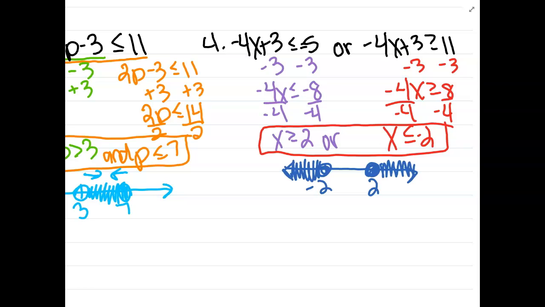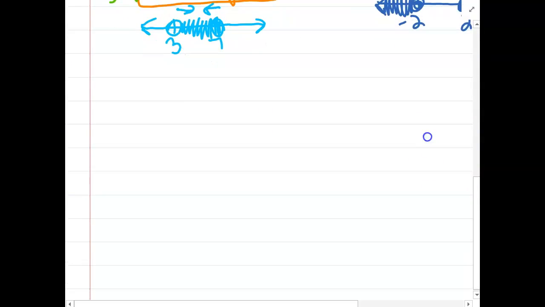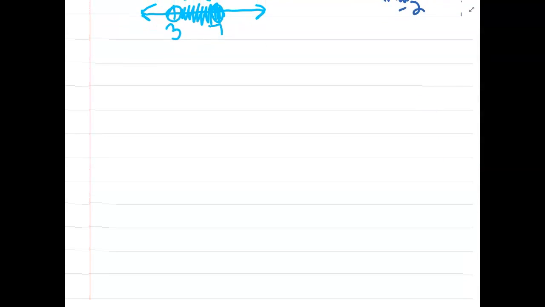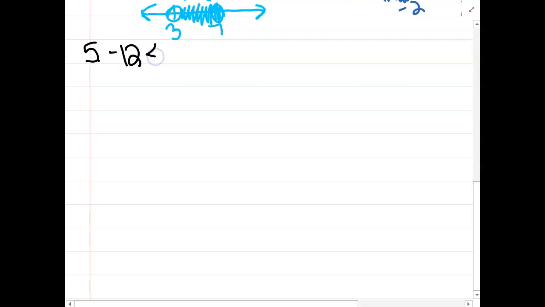Okay, 2 more. Okay, number 5, negative 12 is less than 3 minus 5y is less than or equal to 13.